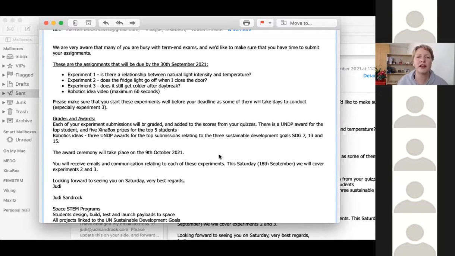Experiment 2 and experiment 3 are the ones coming from today: does the fridge light go off when I close the door, and does it still get colder after daybreak? For those two, you're definitely going to need to have your dashboard up and running, because you'll need to take a screenshot of your dashboard to prove your conclusion.